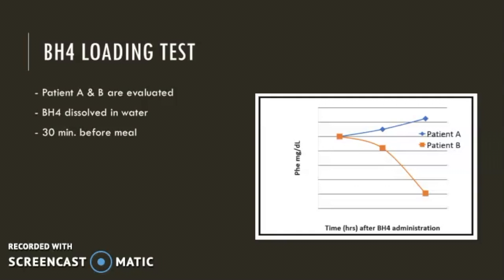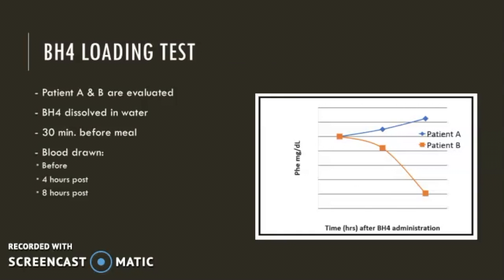Blood was drawn before the BH4 was consumed, 4 hours post-consumption, and then 8 hours post-consumption. From there, the phenylalanine levels are determined.